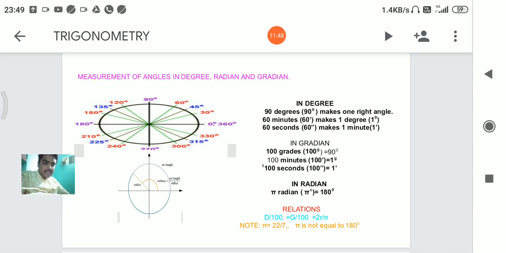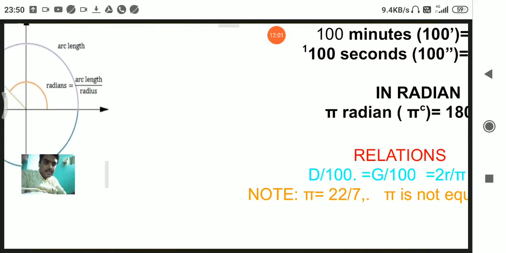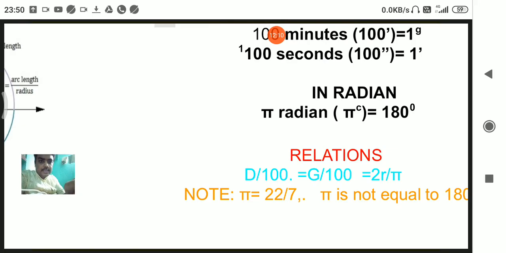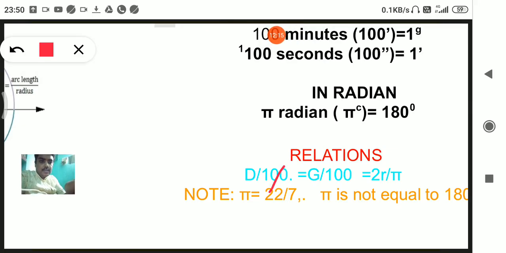Now here I have given the relations among these three measurement systems.